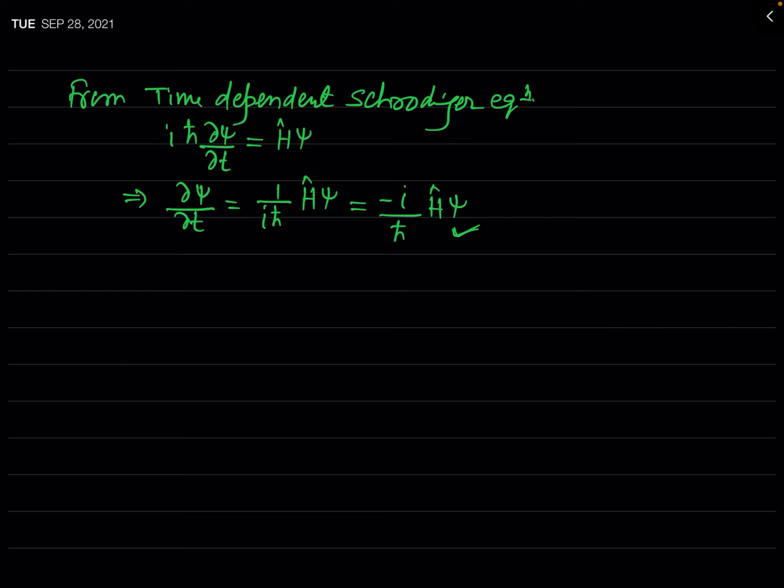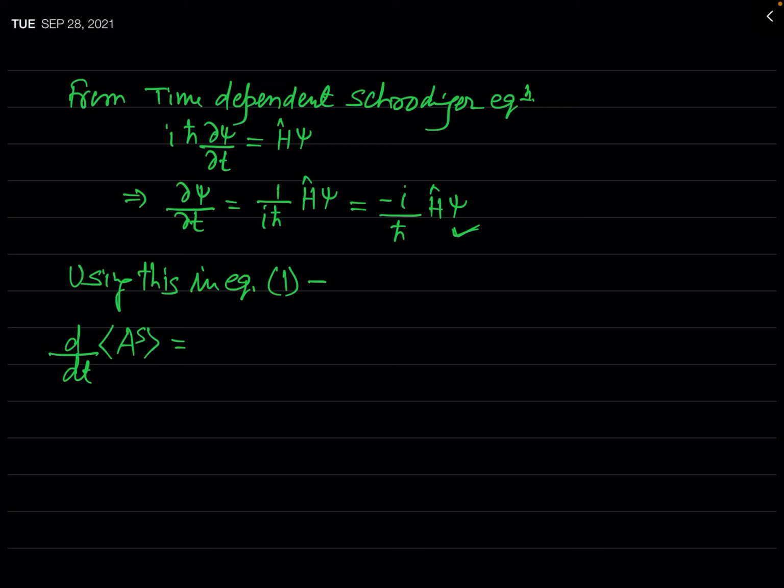So using this in equation 1, you can see d/dt of the expectation value of AS.